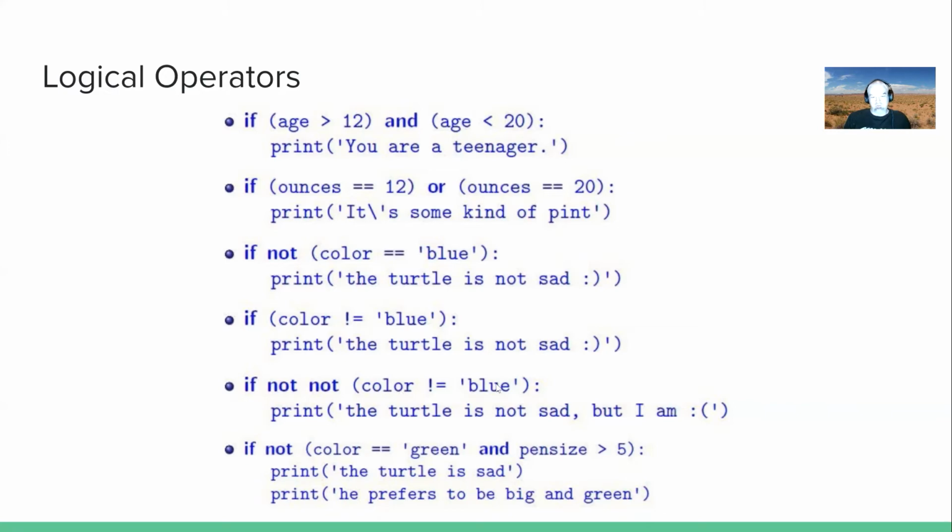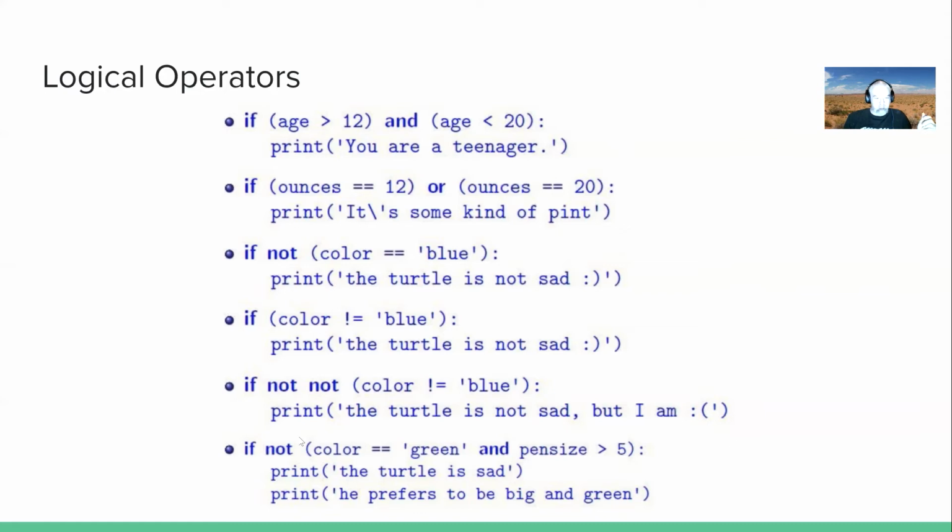So blue not equal to blue would be false, right? Because it is equal to blue. Then this first not would turn it back to true, and the second not would turn it back to false, right? And so this would not get printed. If this were anything except the word blue, then this would be true, and then false, and then true again with the second not, right?